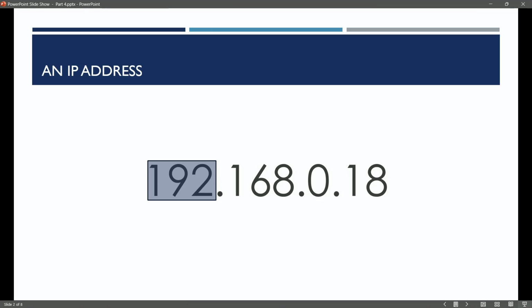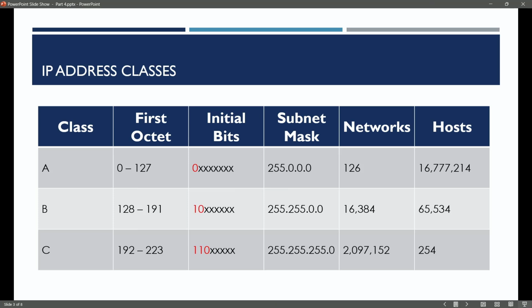We recognize this as one of the original Class C addresses. If we remember about those address classes, 192 to 223 in the first octet is Class C, and the initial bits are going to be forced to 110, from a binary perspective. Well, let's see if that's true.